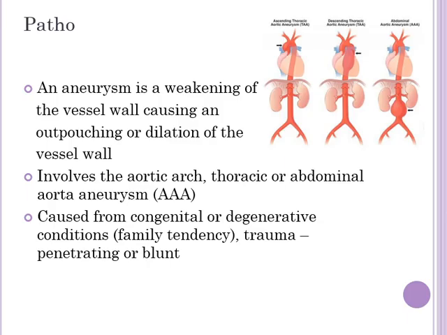So think about that. That's a real high pressure system there. The next picture in the middle shows it right after the aortic arch there. Those are probably the most common. And then the last one shows it down below the kidneys, down in the thoracic area. So that is what an aneurysm is.